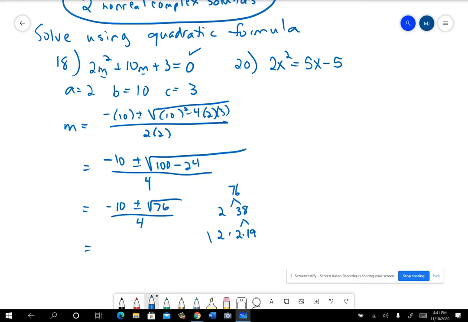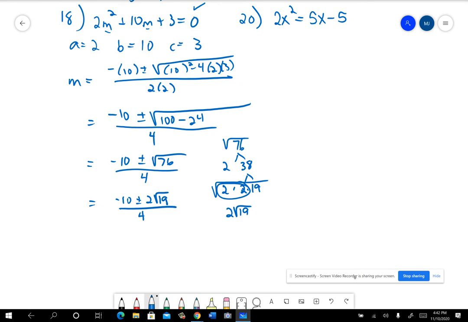All right, so if I do the square root of that, there's a pair of 2s, and that pair of 2s would have been a perfect square of 4. So when you do square root of 4, you get 2. So you have 2 square root of 19, all of that divided by 4. Make sure that horizontal fraction bar goes underneath that negative 10.